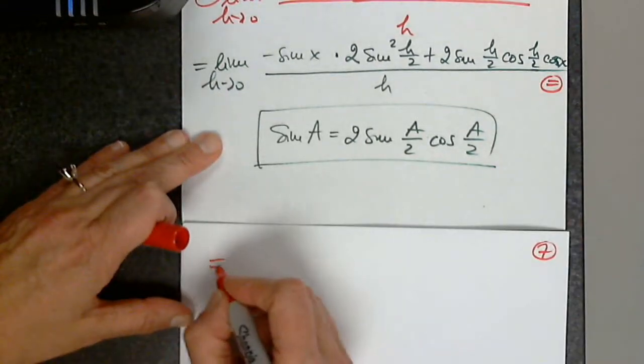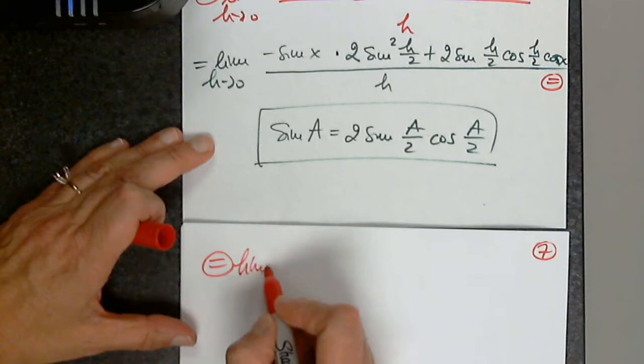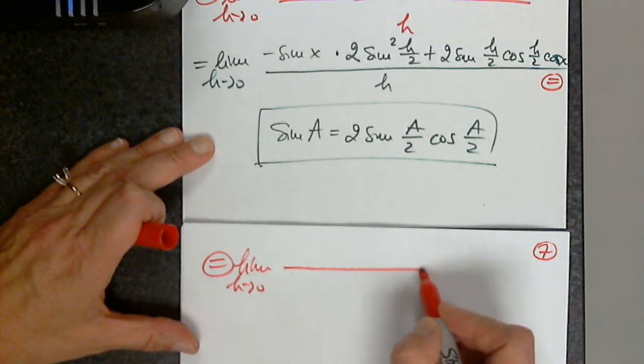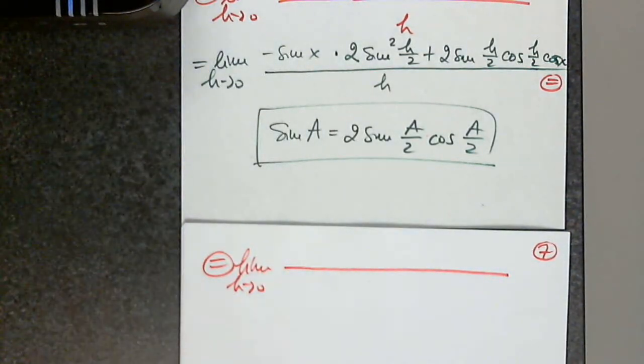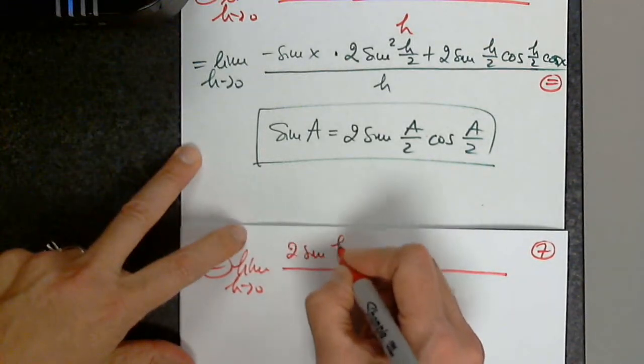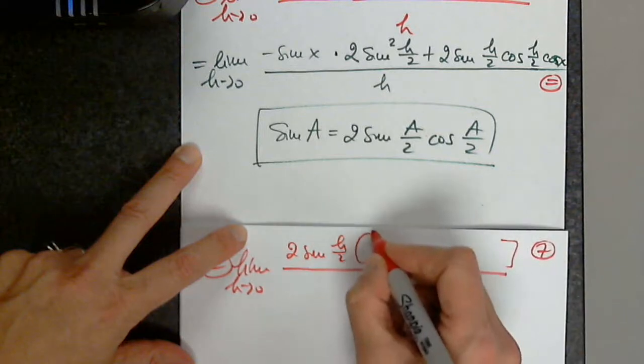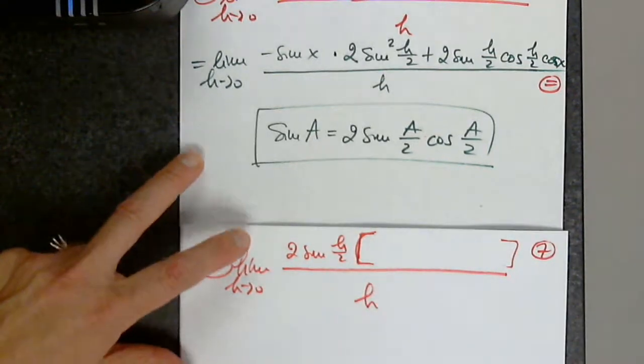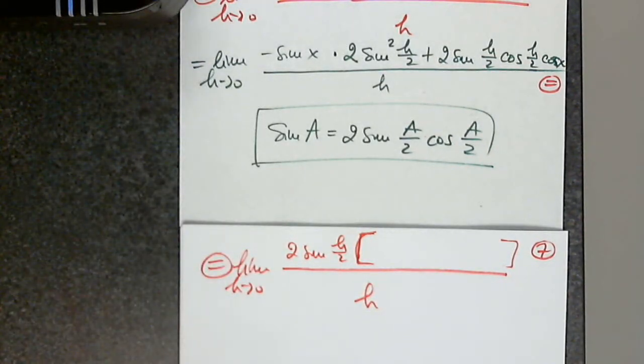So I continue here. Limit, say h approaches 0. Tell me what would you factor out. 2 times sine h over 2. Very good. Perfect. Let's see what is left.